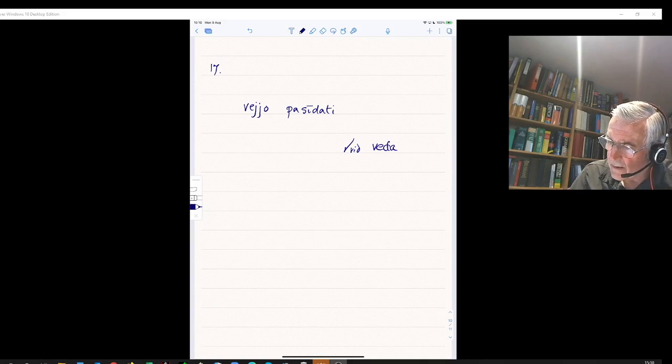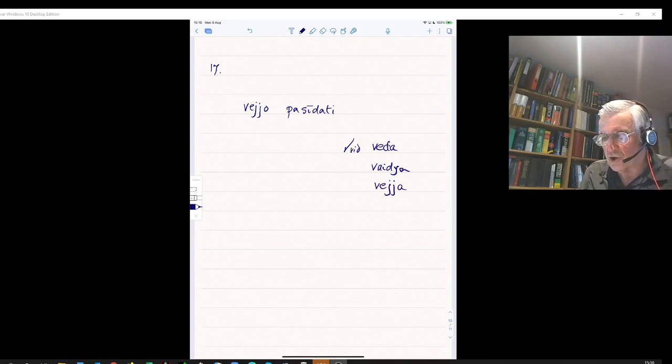So Veda becomes Vaidya, meaning a person of knowledge, and that came to mean doctor. And Vaidya, by standard phonetic mutation, becomes Vedja in Pali. So Vedjo pasidati.